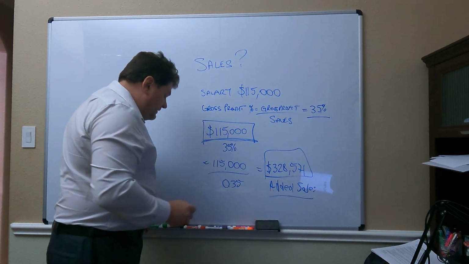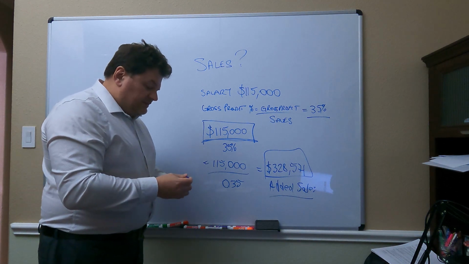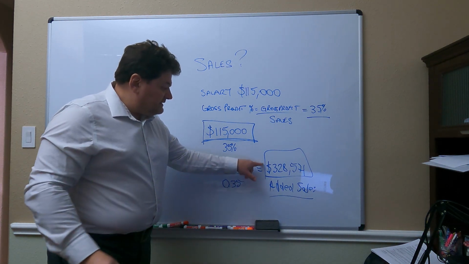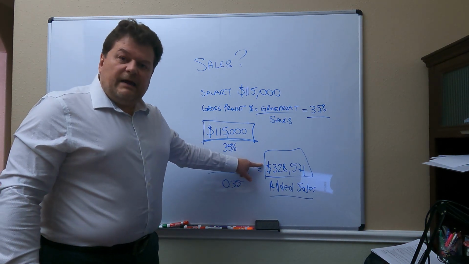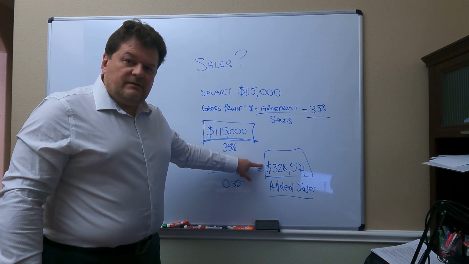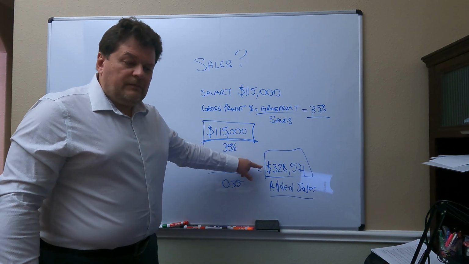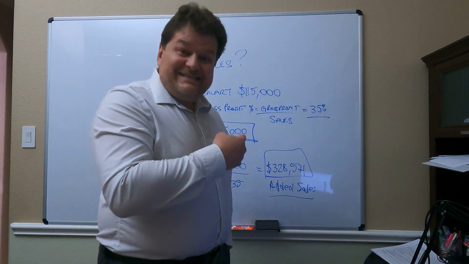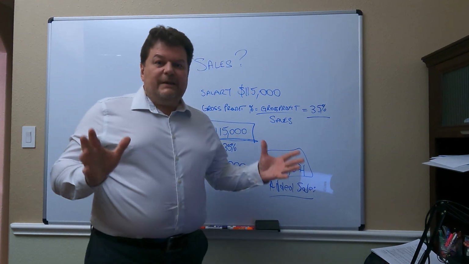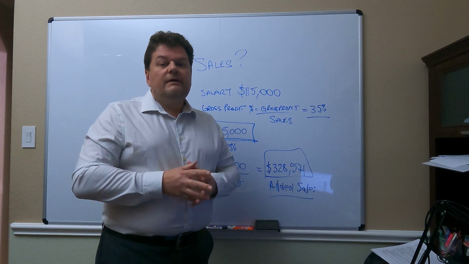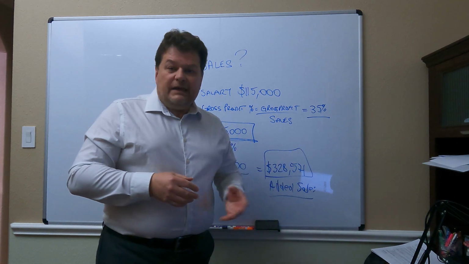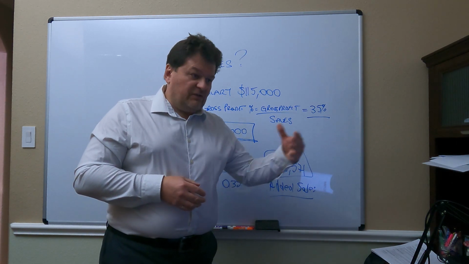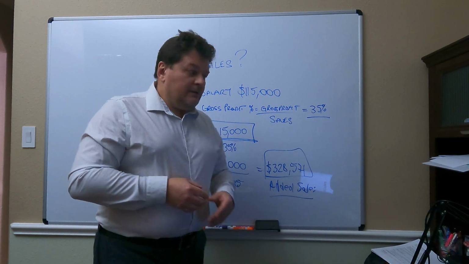So if we hire that salesperson, they need to bring in at least this amount of additional sales for us to break even. Now, if you have any questions, post them down below. You could do the same type of calculation with any expenditure that you might have, whatever cash outlay you're planning on investing, if you're hiring additional people.